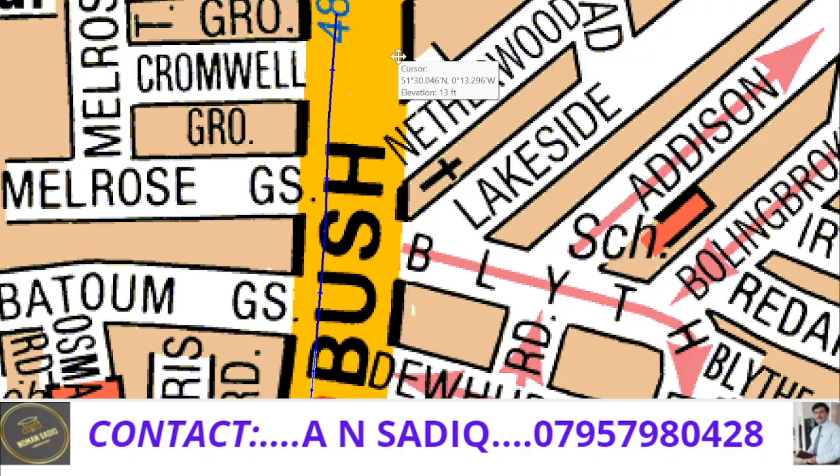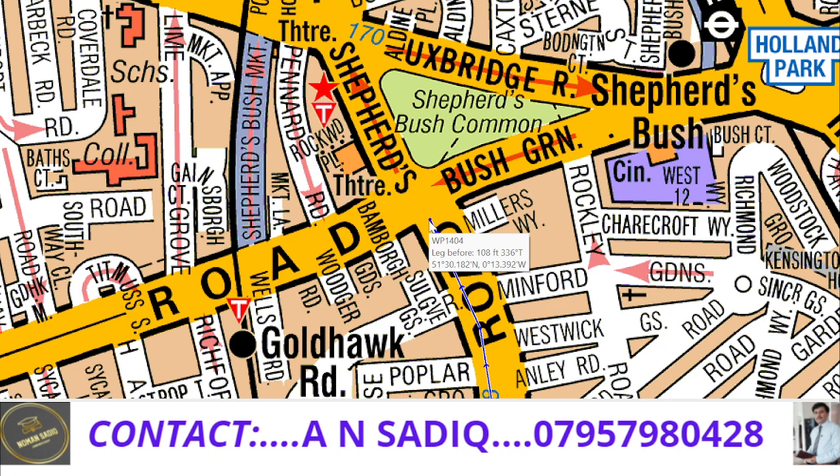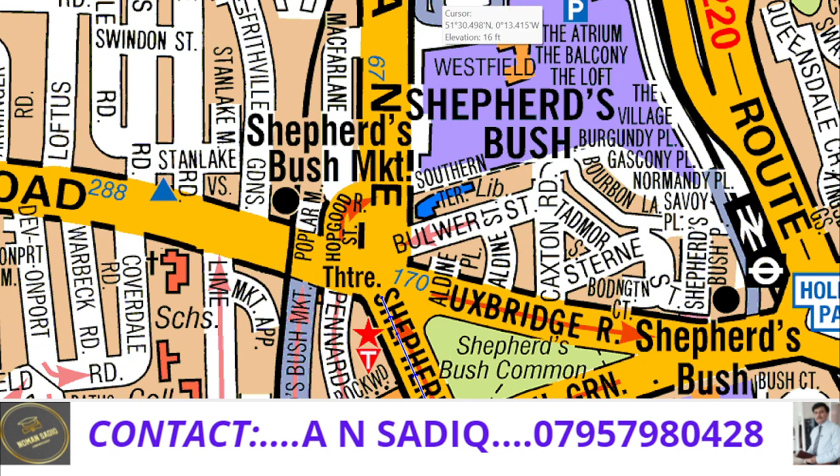So no problem at all. When you reach a certain point like this, I am here now. It's one way, but try to keep your route towards the left hand side like this. Okay? And then I will continue my journey on this road like this.